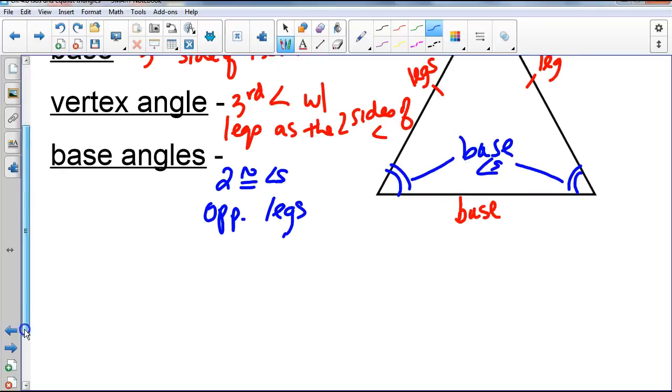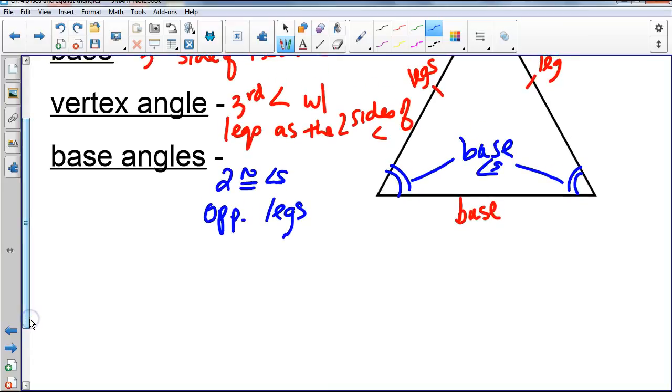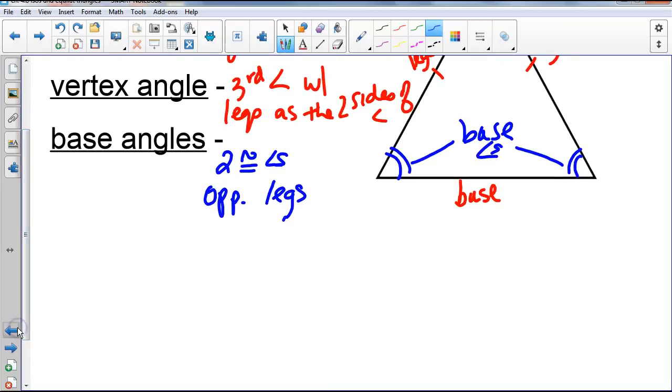Just to talk about the theorem that we went over earlier, the base angles theorem.